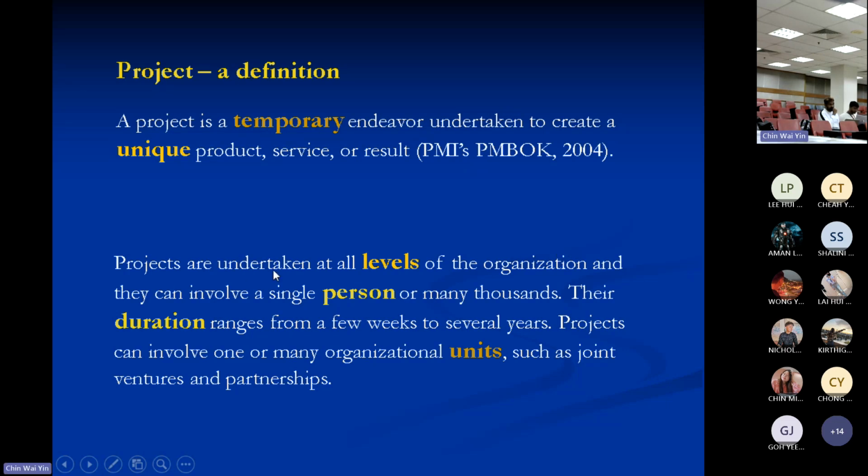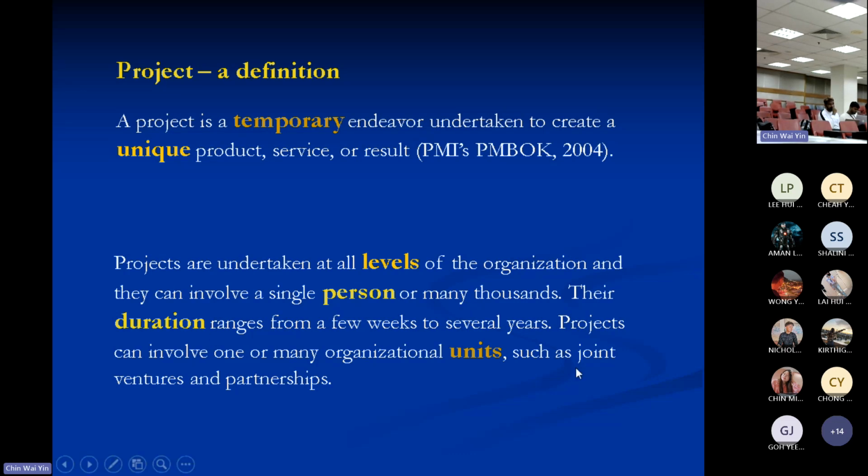So a project can be undertaken at any level, all right? It can involve either one person, an individual project is still a project, or it can involve thousands of employees, for example, the MRT project. It involves thousands of people at different stages, right?